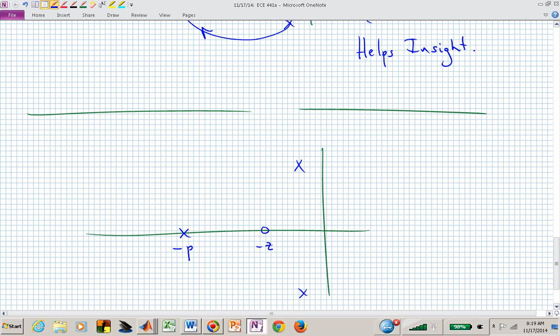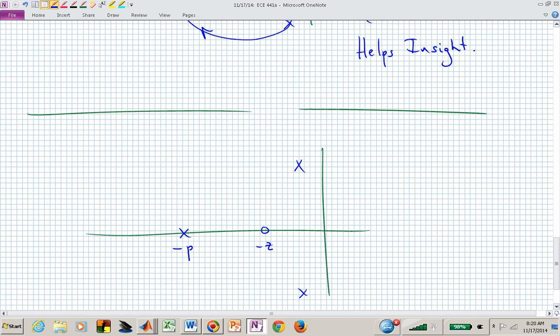Now what does the root locus look like? Do I have a segment of the real line that's on the root locus? Do I have 2 segments, 3 segments, or 1? I have 3 divisions of my real line, don't I? I've separated my real axis into 3 segments. I have a right segment, a middle, and a left.